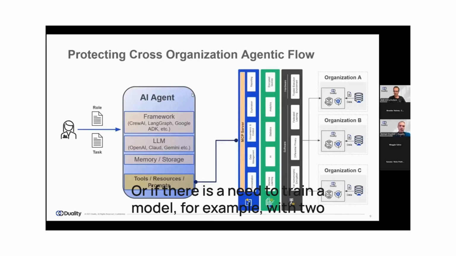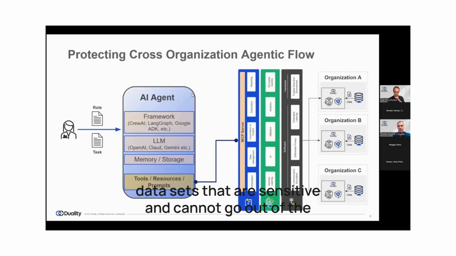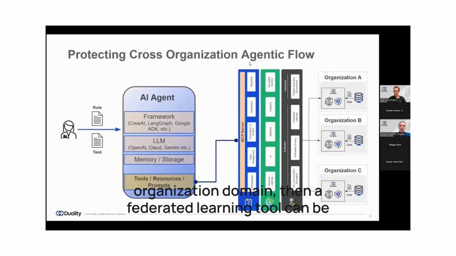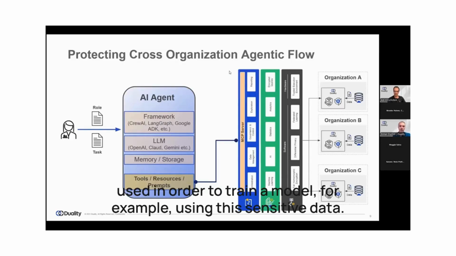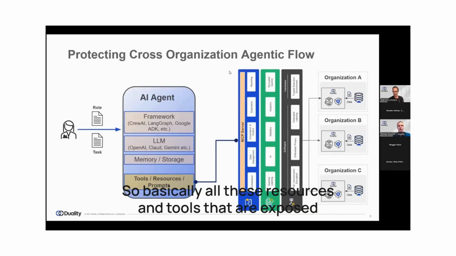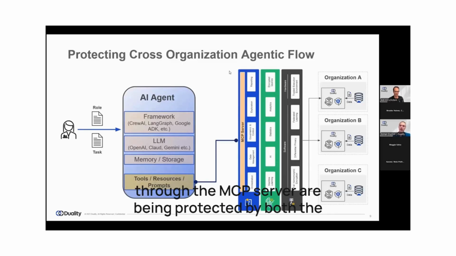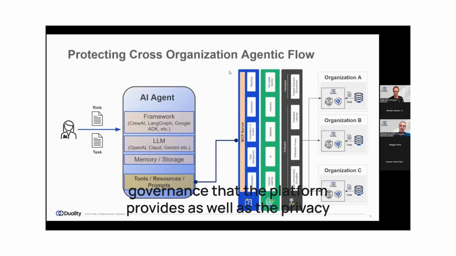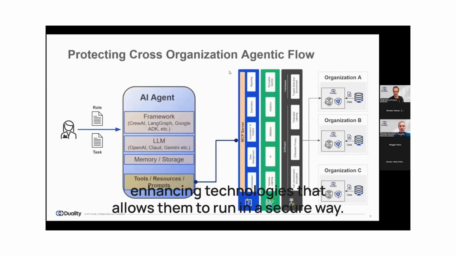Or if there is a need to train a model, for example, with two datasets that are sensitive and cannot go out of the organization domain, then a federated learning tool can be used in order to train a model, for example, using this sensitive data. So basically, all these resources and tools that are exposed through the MCP server are being protected by both the governance that the platform provides, as well as the privacy enhancing technologies that allow them to run in a secure way.